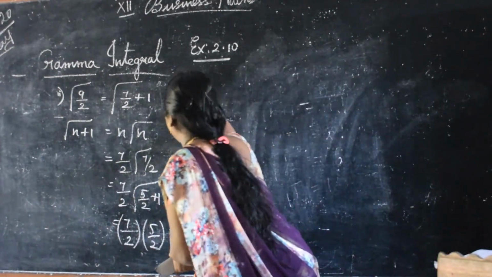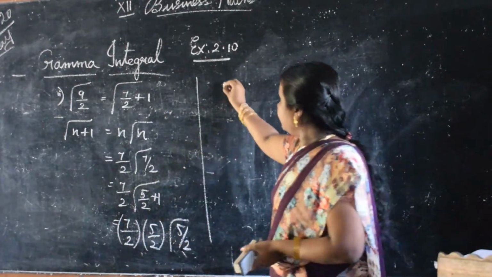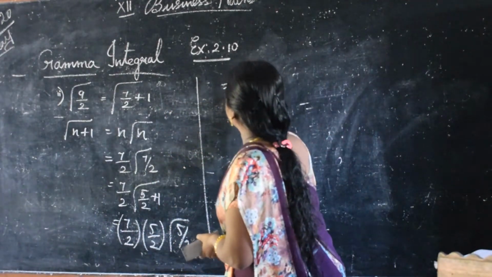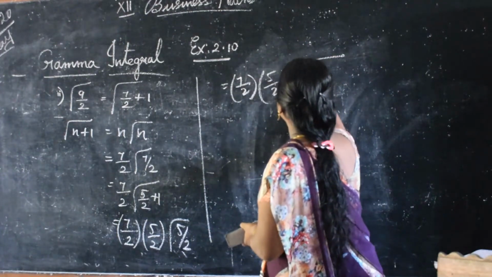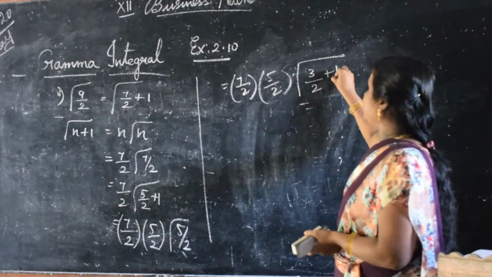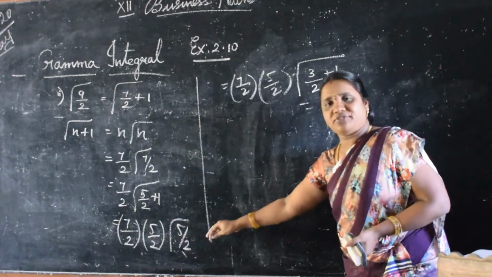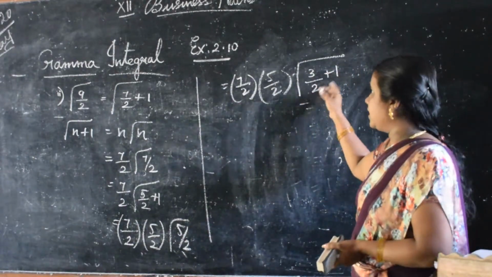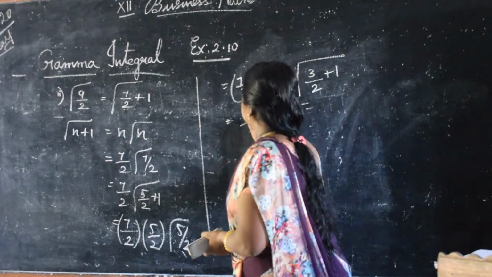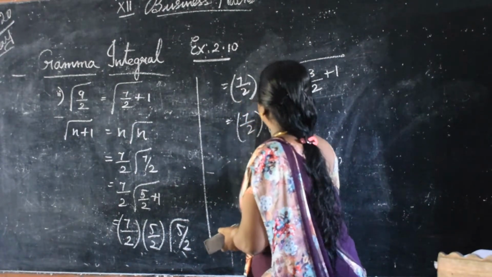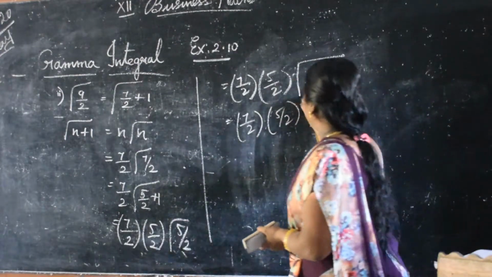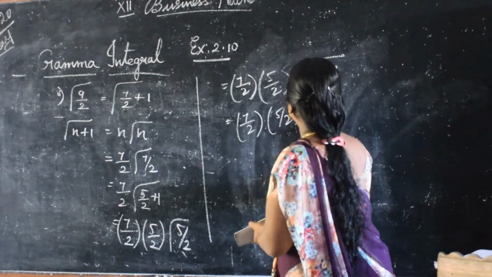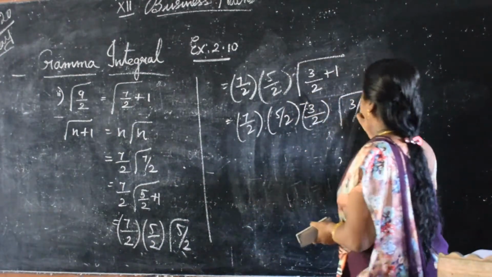Again you split this as 7 by 2, 5 by 2. Gamma of 5 by 2 I am going to write as 3 by 2 plus 1. If you add, obviously you will get only 5 by 2. So 3 by 2 plus 1. Then what are we going to do? 7 by 2, 5 by 2. Gamma of n plus 1 is n gamma n. Here n is 3 by 2, n gamma n.